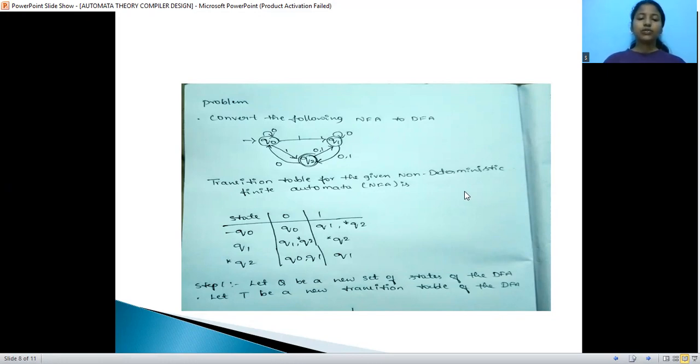Q1, when given 0, moves to Q2. Q2 is a final state. Q2, when given 1, moves to Q1 and Q2.